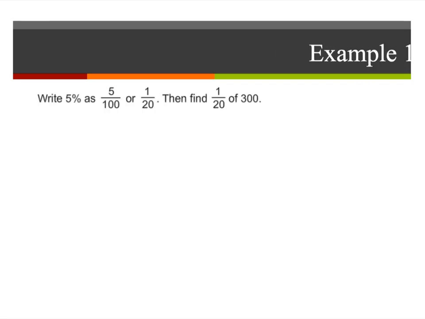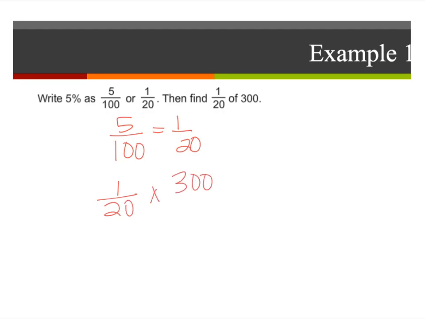So, excuse me, let's look at our first example. It says to write 5% as 5 over 100 or 1 over 20, then find 1/20th of 300. So when we write as a fraction, we take our 5%, we write it as 5 over 100. We can reduce 5 over 100 to 1/20th, and then we take 1/20th times 300.